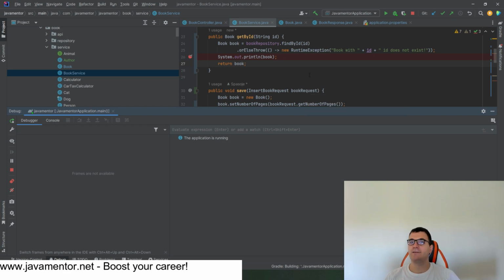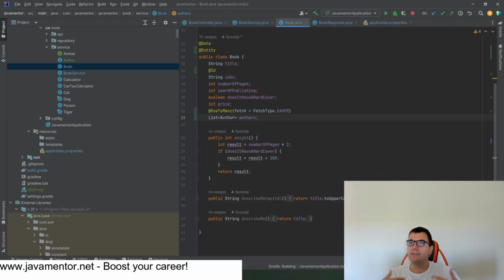Everything is okay. And the reason why it's okay is that we fetched authors at the same time when the session was opened, at the same time when we were fetching book. Now we need to explain why we have those two strategies, lazy and eager. Well, first of all, you need to understand that the database is an external service, and calling the database is calling something over the network.